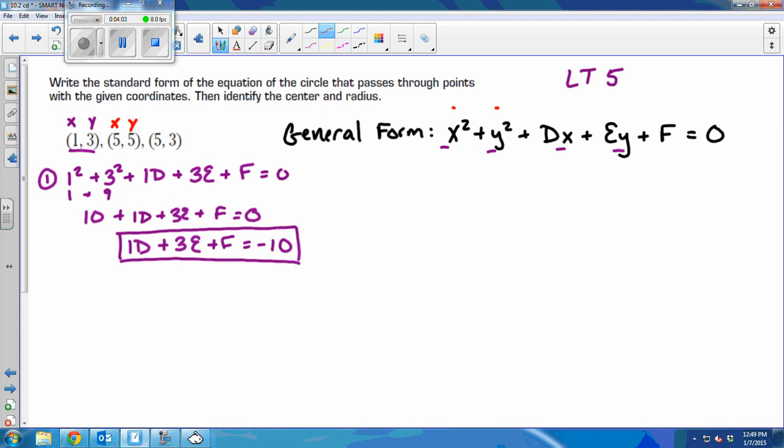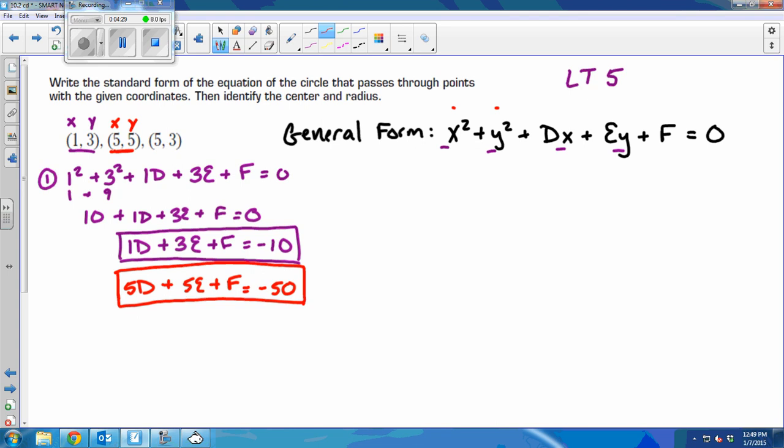It's going to be a negative 50 on the other side. Then I'll have 5d plus 5e plus f.